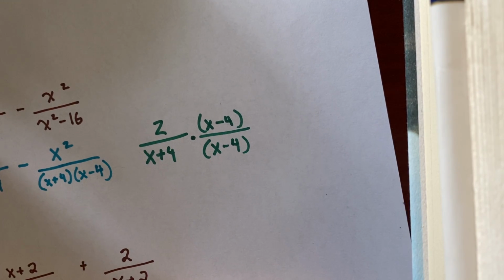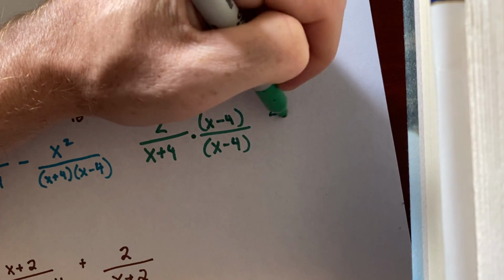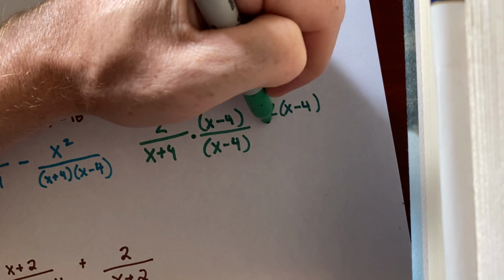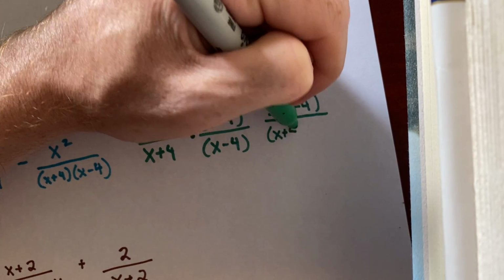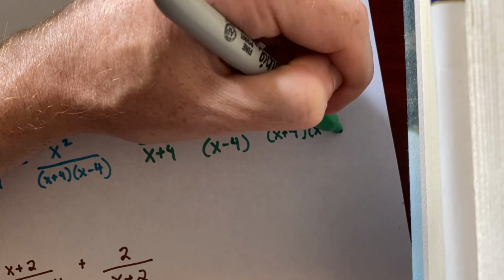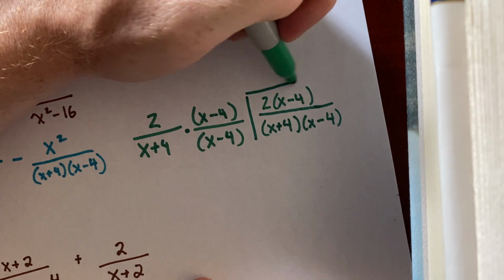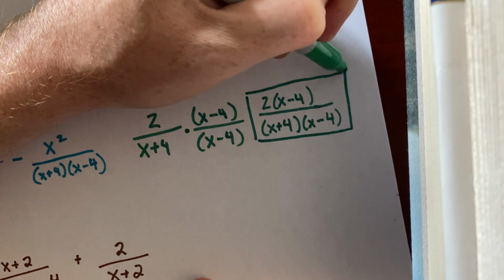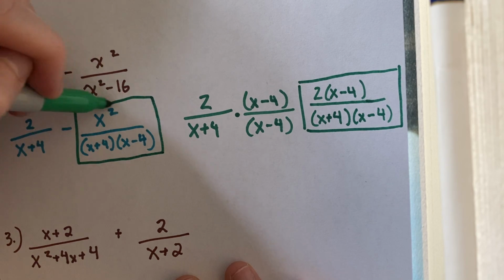All right, when you're multiplying fractions, you just multiply straight across. So 2 times x minus 4 is just 2x minus 4. And then when I multiply these two binomials in the denominator, I can just keep them in factored form. I don't have to go through and FOIL it. I can just leave it like that. All right, so now I'm dealing with this rational expression on my left-hand side, and this rational expression on my right-hand side.